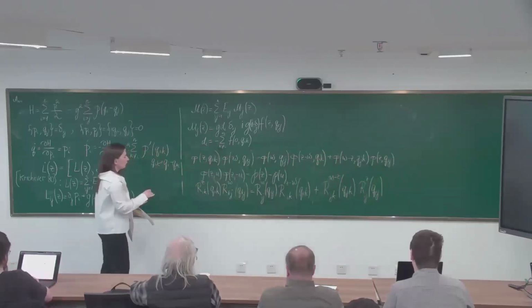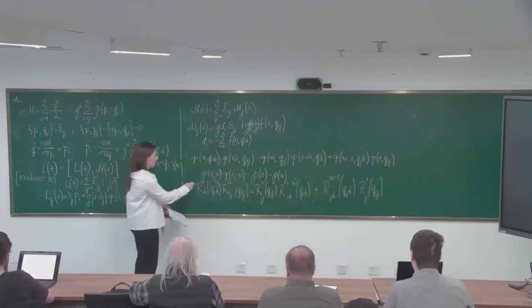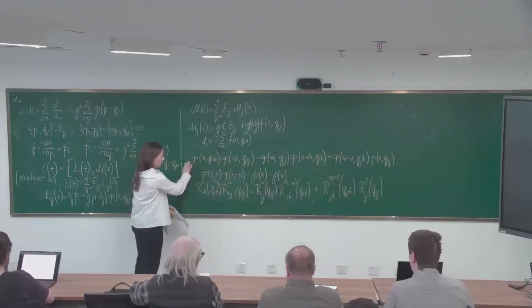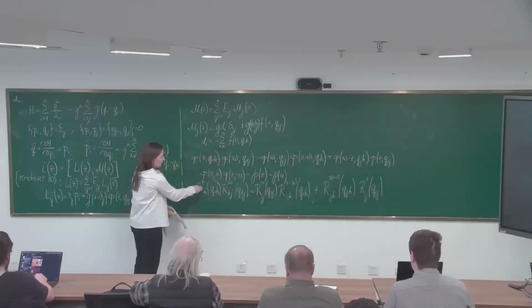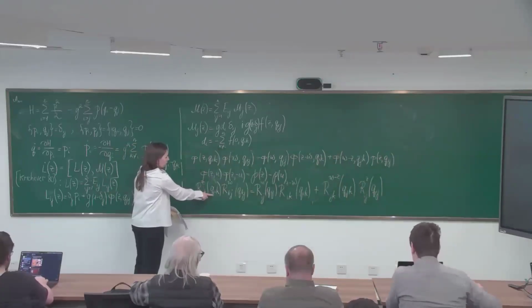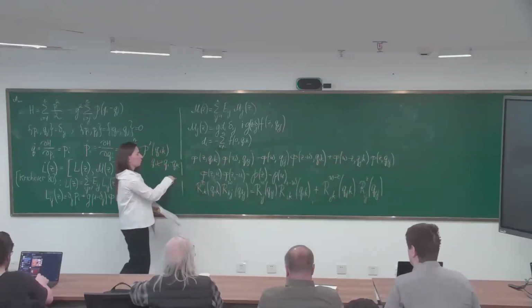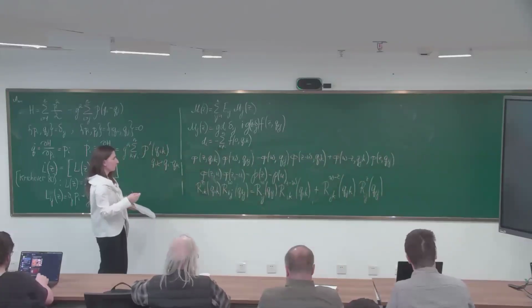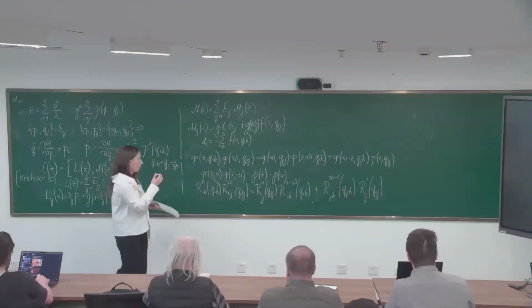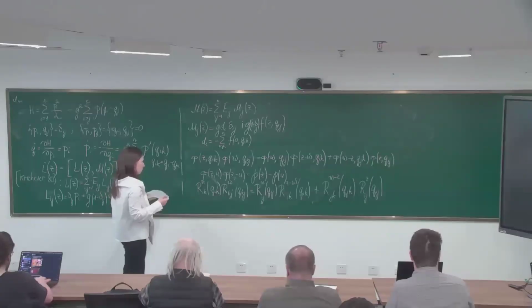So it's the generalization. You can see that we have the same identity, but here we have some R matrices. This is the spectral parameter, and this is the quantum parameter. So this is the matrix generalization of the Fay identity.